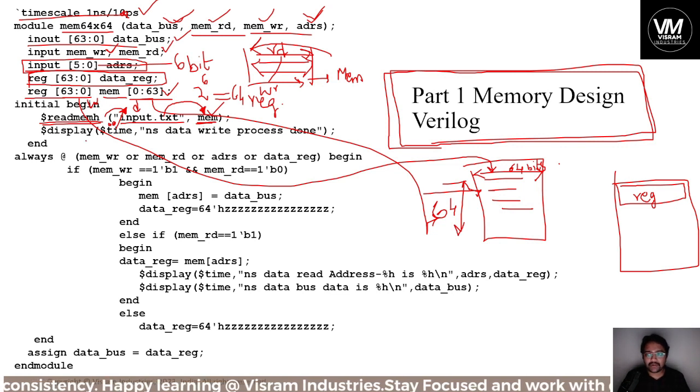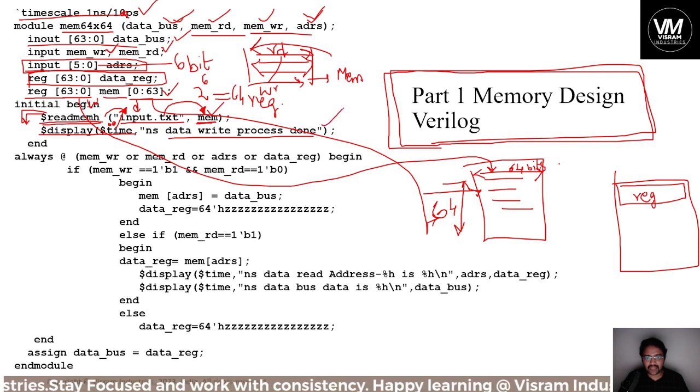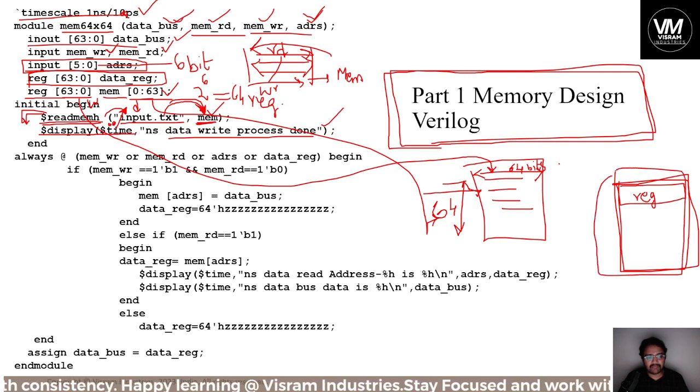Now display whatever data you have used for writing and reading, using $display, $time, ns data write process done. So the write process is done. That is, from this data you have utilized into the mem register. For our mem block, this entire mem block can be one big register.